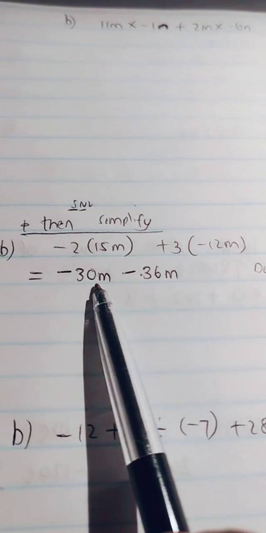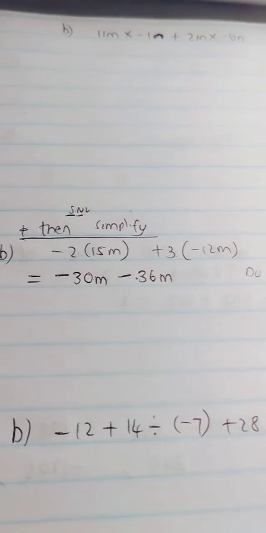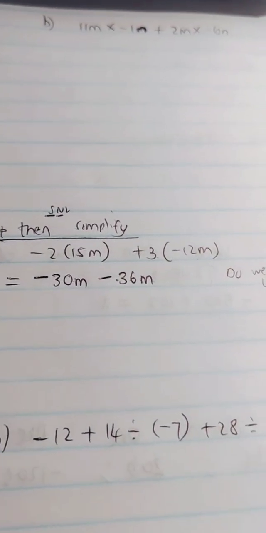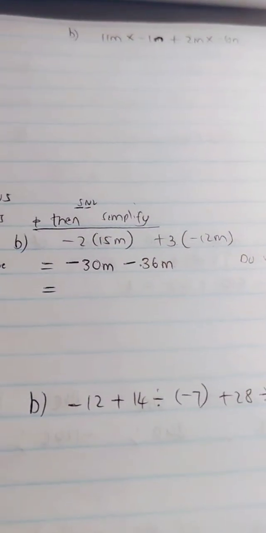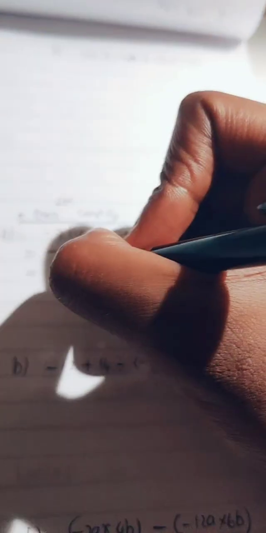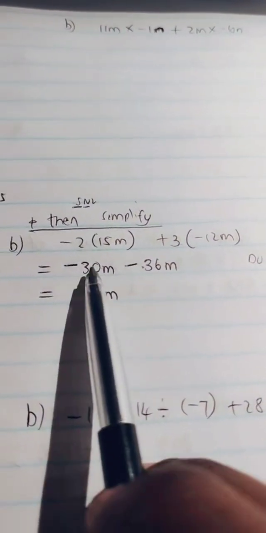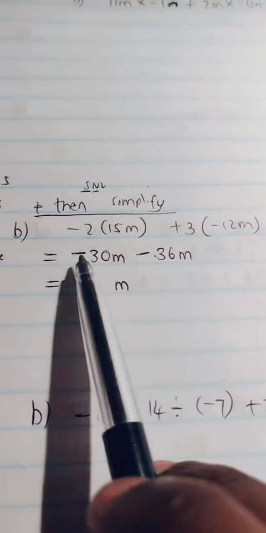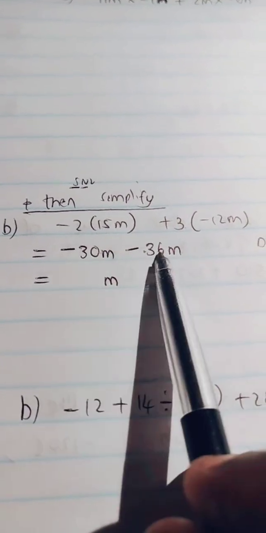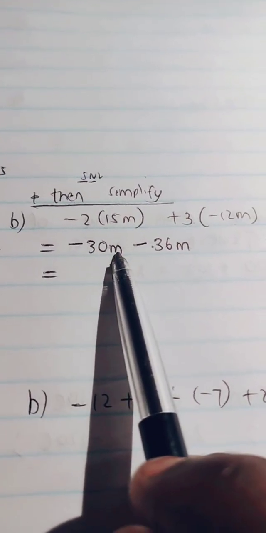These two terms both have the letter m. All right, so that means these are like terms. Since they are like terms, what do we do? We add and subtract like terms, which means we are going to keep the letter m as it is, and we are going to subtract the coefficients, meaning the numbers that come before the letter.